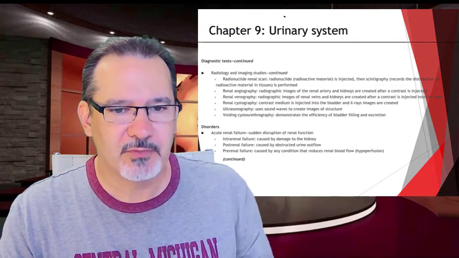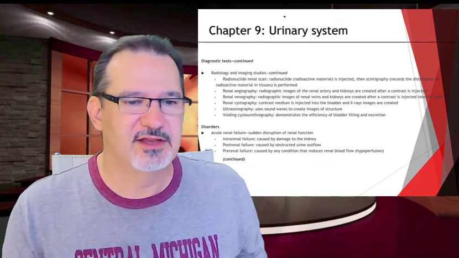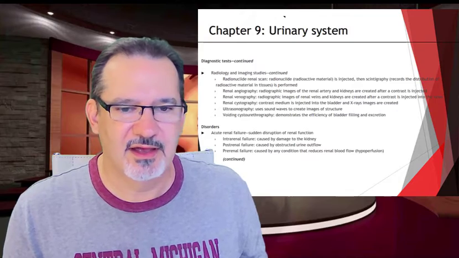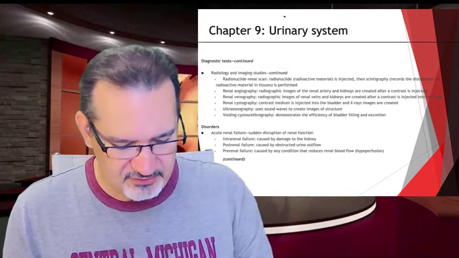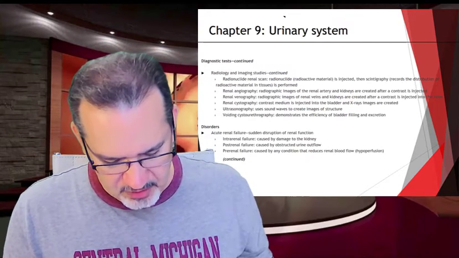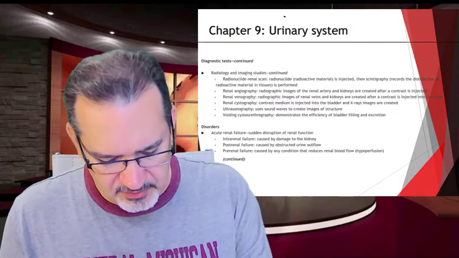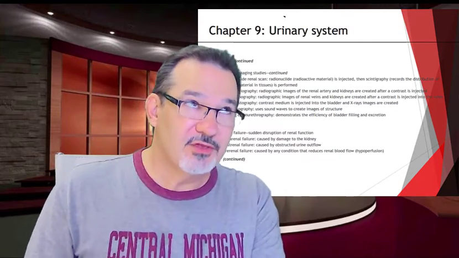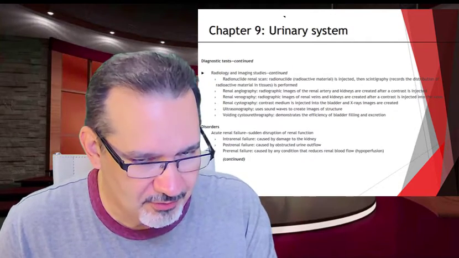Angiography, okay, radiographic images of the renal arteries in the kidneys, renal angiography. Venography, looking at the renal veins in the kidneys. Okay, ultrasounds, we do a fair amount of those, and the cystourethrography.